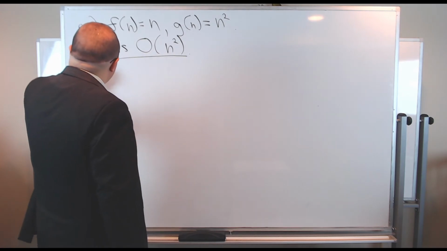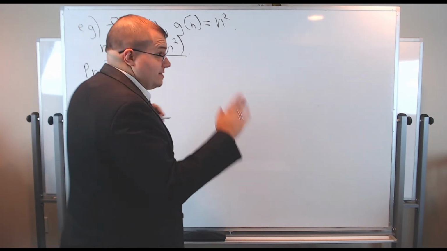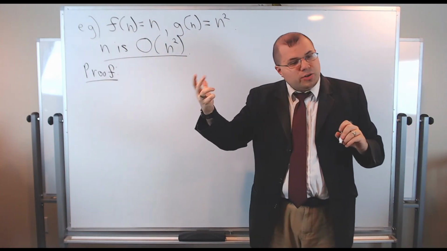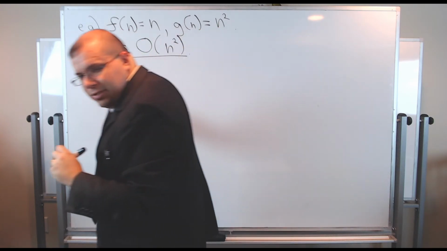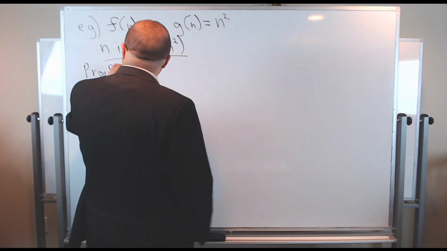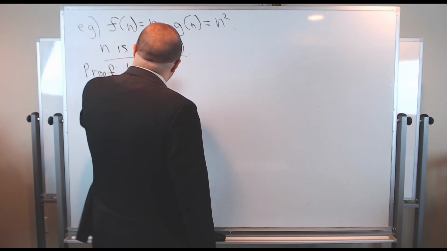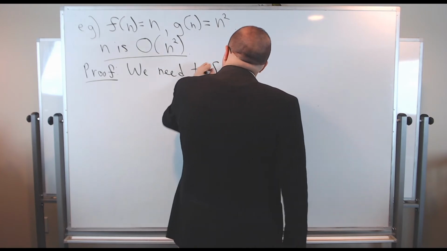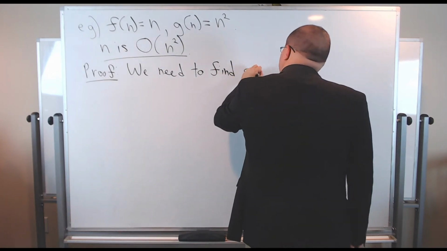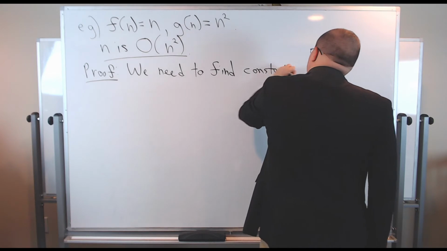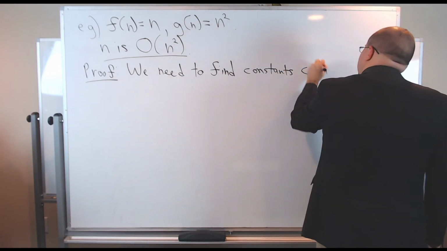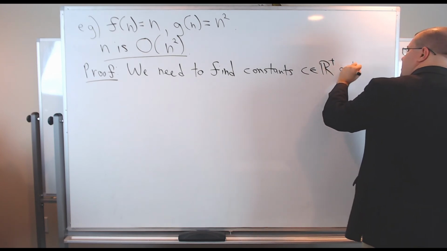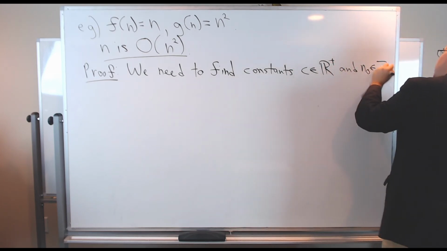So how do we prove this? Here's a proof. First I state what I'm going to do. Remember, before you sit down, you should think about what you're going to do. So what's the game plan? I'll say, we need to find constants C, which is a positive real constant, and n0, which is a positive integer constant.